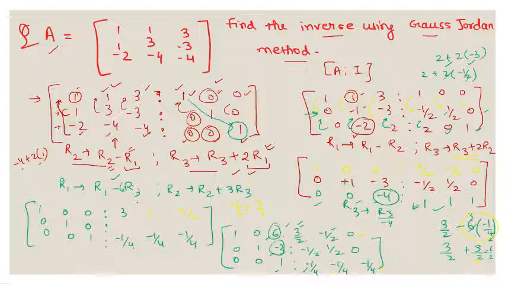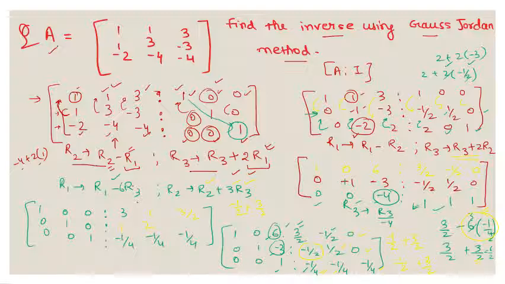Now R2 plus 3R3. That means minus 1 by 2. And when we do 3R3, we have already done this, 3 by 2. So 3 minus 1, 2 by 2, that is 1. Then 1 by 2 plus 3R3, again 3 by 2. So 4 by 2, that is 2.